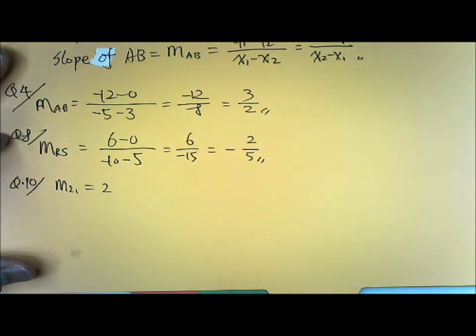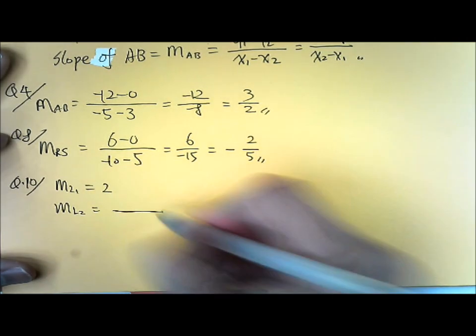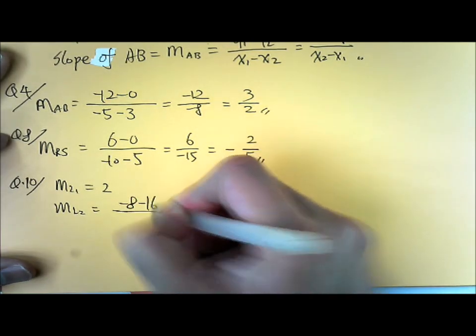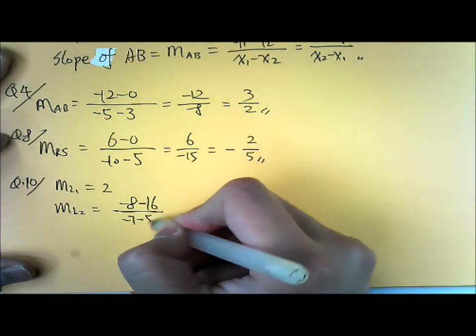We don't know whether L1 and L2 have the same steepness, so how to do it? You just calculate the slope of L2, m_L2, and then check whether it is equal to 2. You do minus 8 minus 16, and at the bottom you must do minus 7 minus 5.